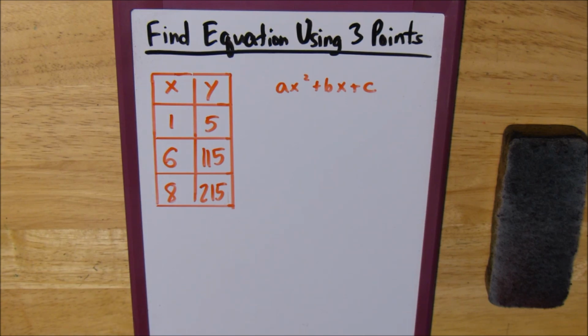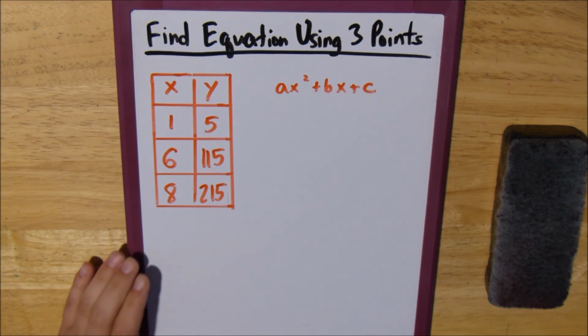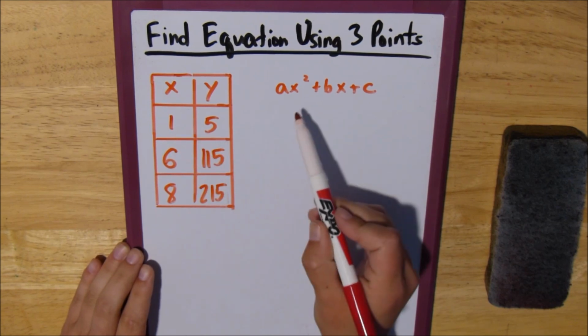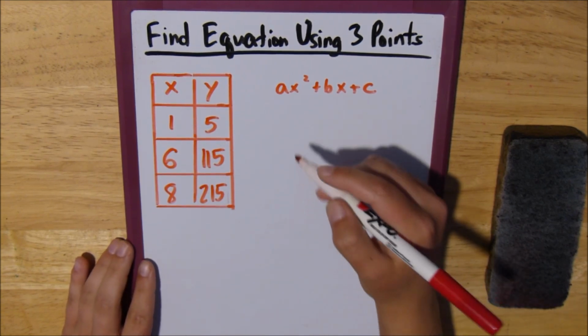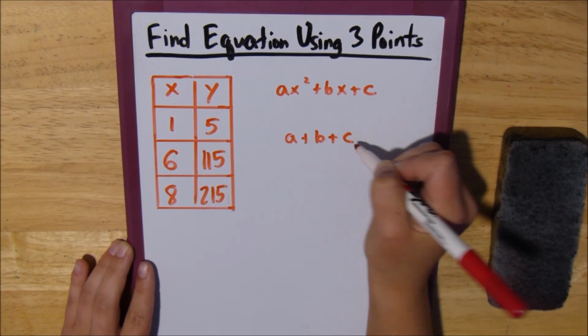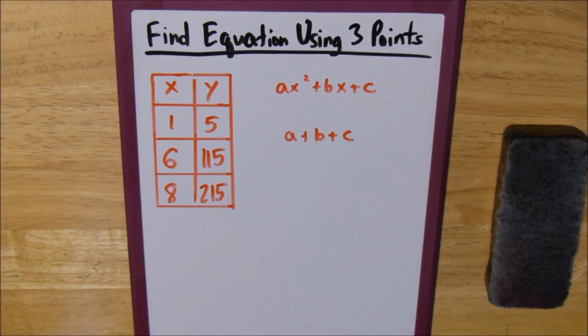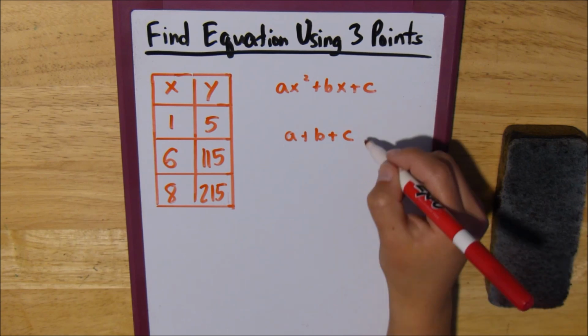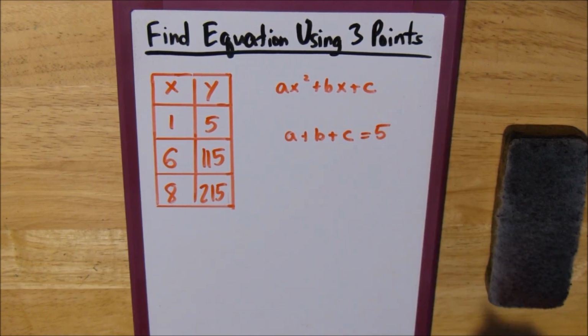The first thing that I like to do is plug x into this general equation, okay? So we get a plus b plus c, that's kind of a normal equation, equals 5. Then I do that with the second value.